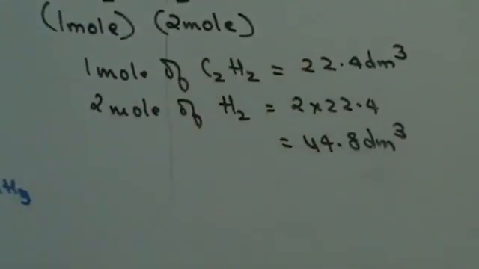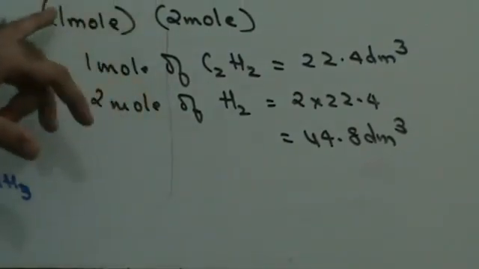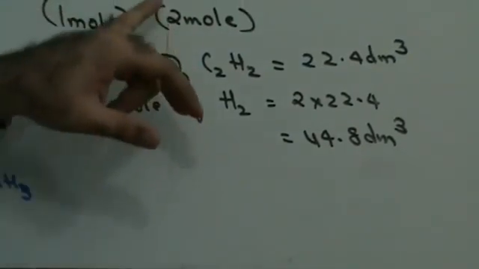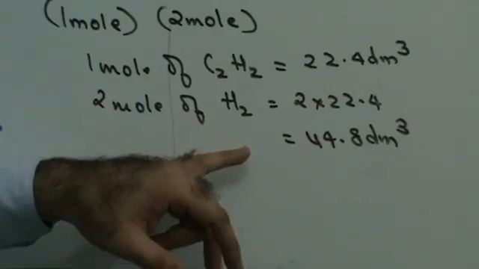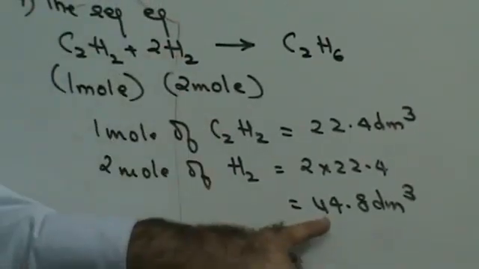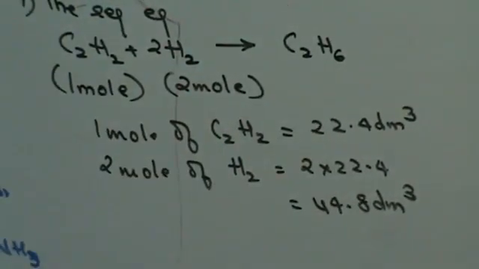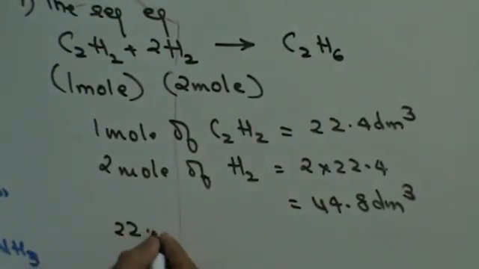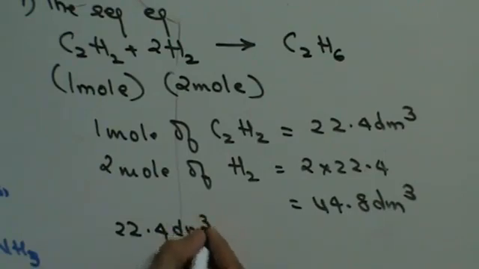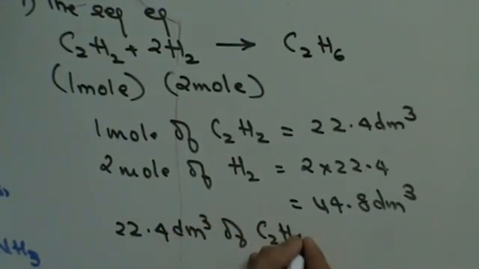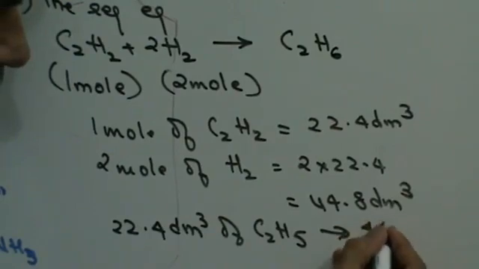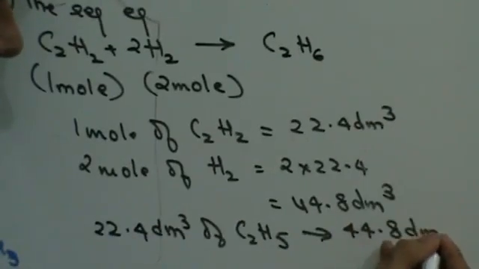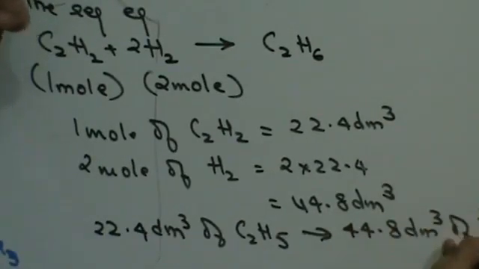That means 22.4 decimeter cube of ethyne is hydrogenated by 44.8 decimeter cube of hydrogen.